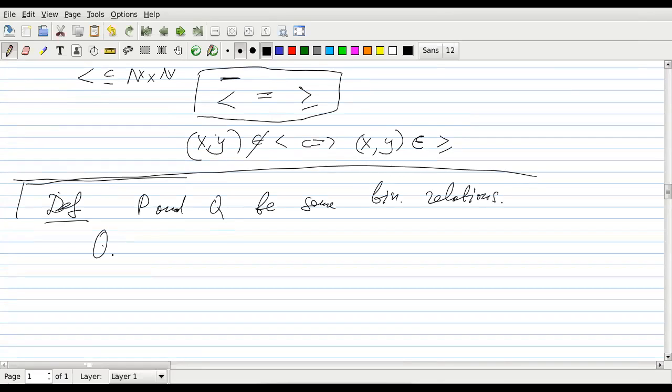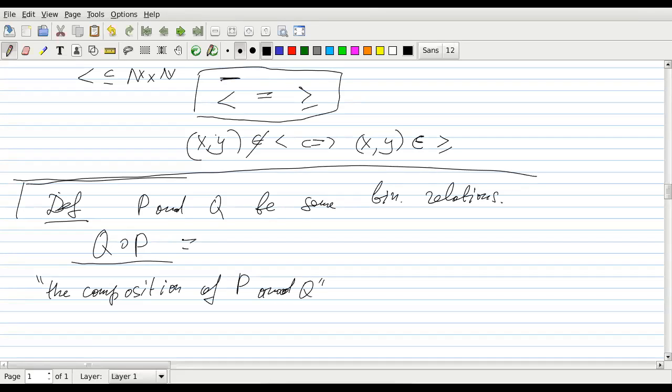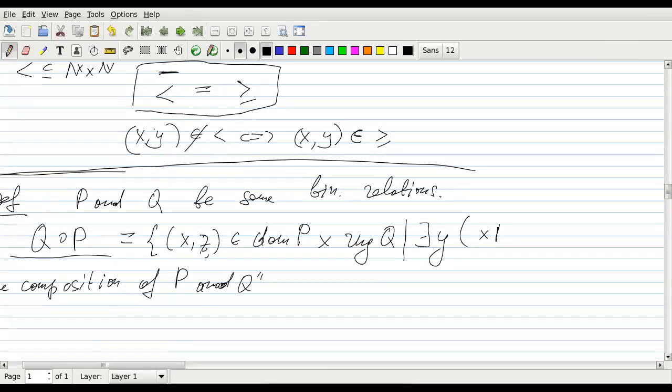By definition, the composition of P and Q in that order is just the set of all pairs X, Z, where X comes from the domain of P and Z comes from the range of Q, such that for some Y we have X P Y and Y Q Z.